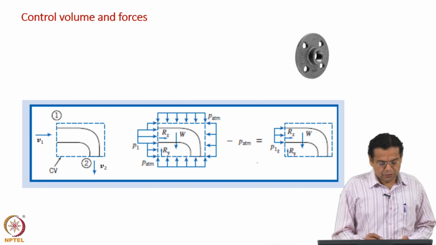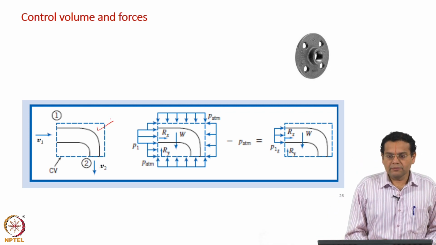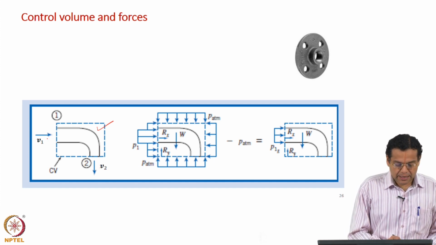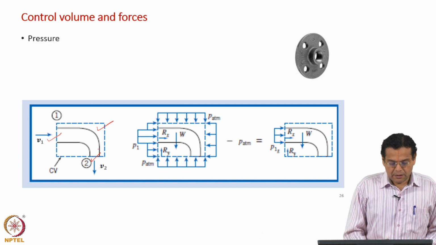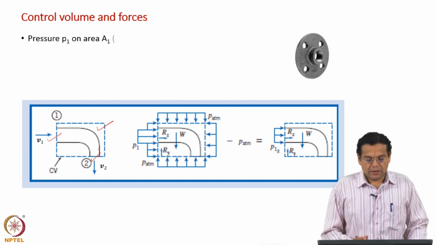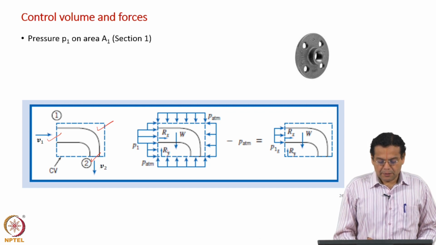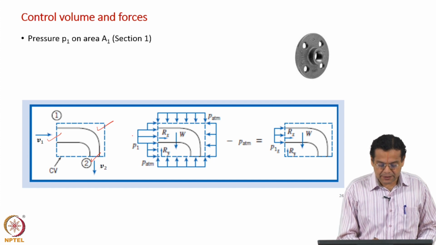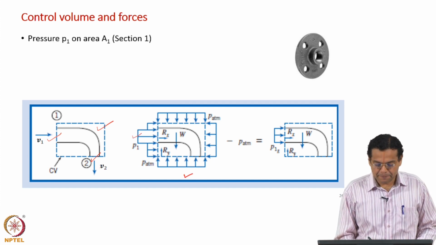Now, what is shown here is the control volume along with the control surface, and you have x direction flow here and the y direction flow here. Now, in this particular example, in addition to atmospheric pressure, we have one different pressure at the inlet, and that is what is shown in the second diagram here.